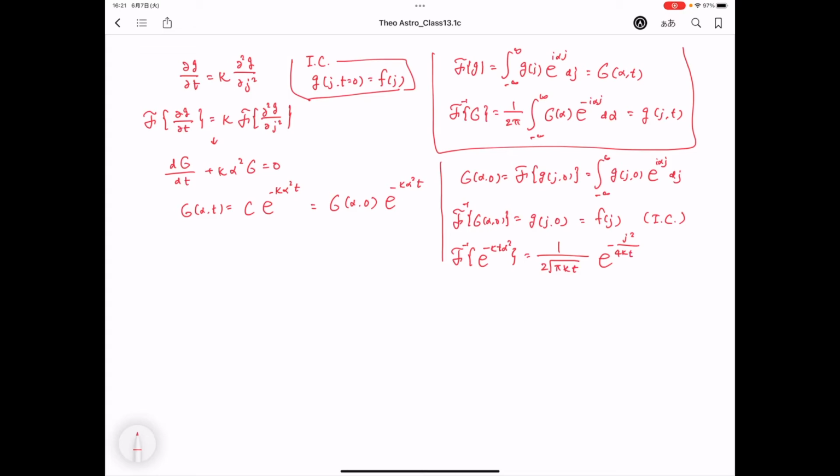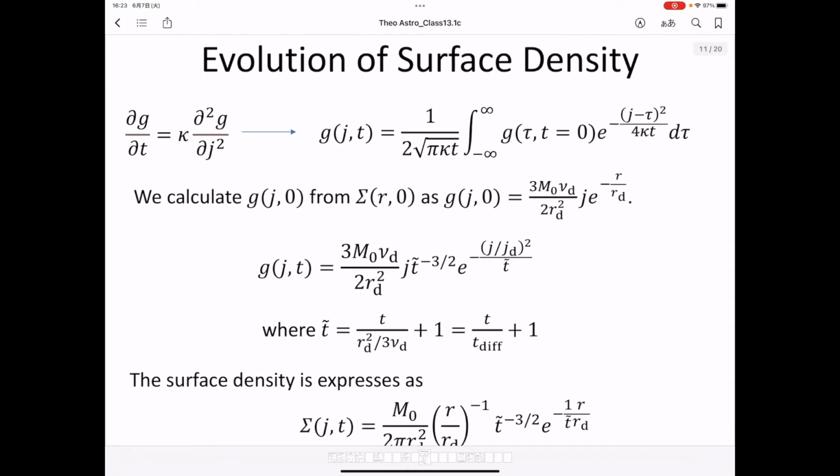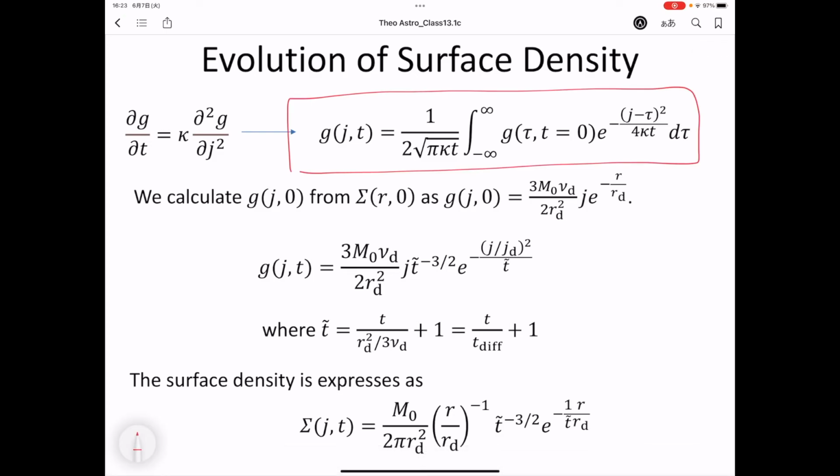So from this, you can find G using the inverse Fourier transform of G(α, 0) exponential of minus κ α² t. So we use the convolution theorem. Then this equation is expressed. So I showed that the general solution of the diffusion equation can be expressed by this equation.